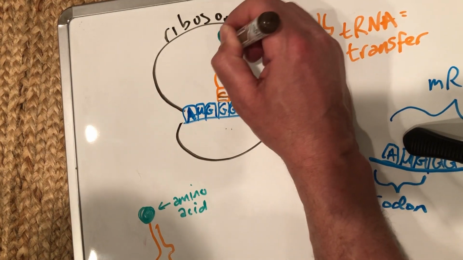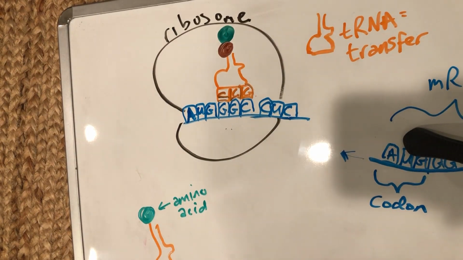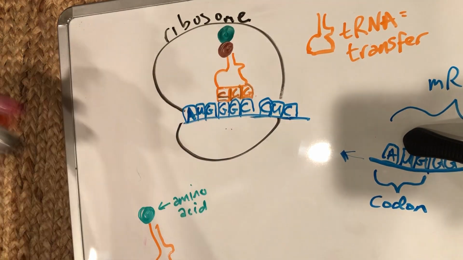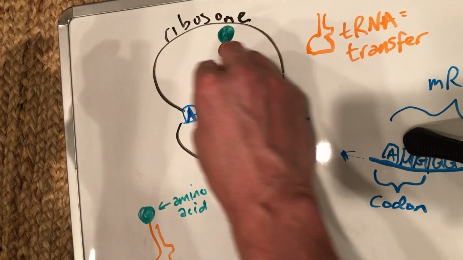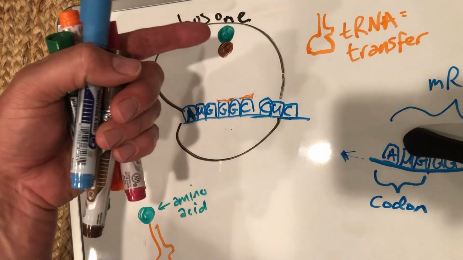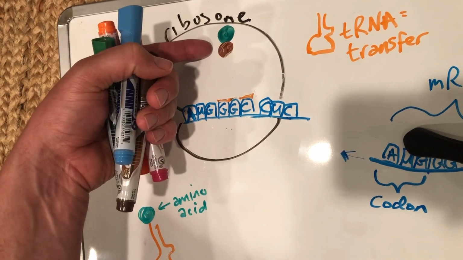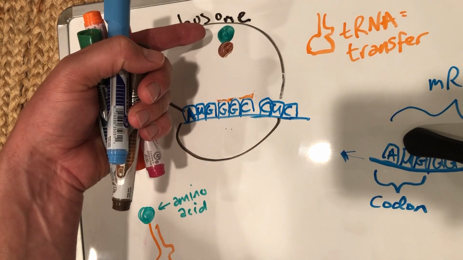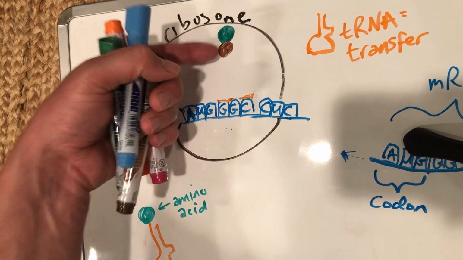Let's say it's proline. Now, that's going to put that next amino acid in place. That tRNA is going to zip on out and leave that behind. So what you're seeing here is a polypeptide. In other words, an amino acid chain is being left in place.